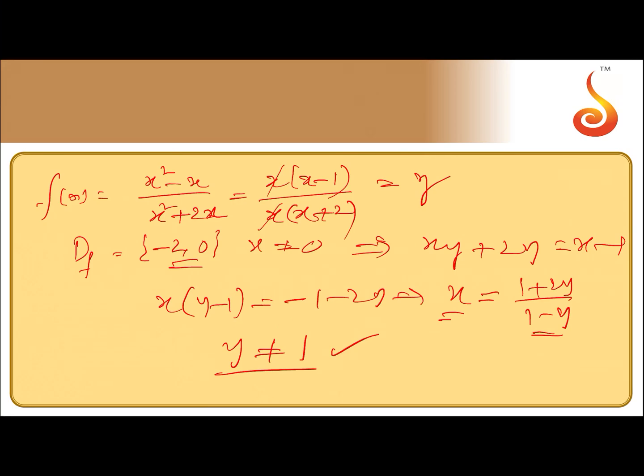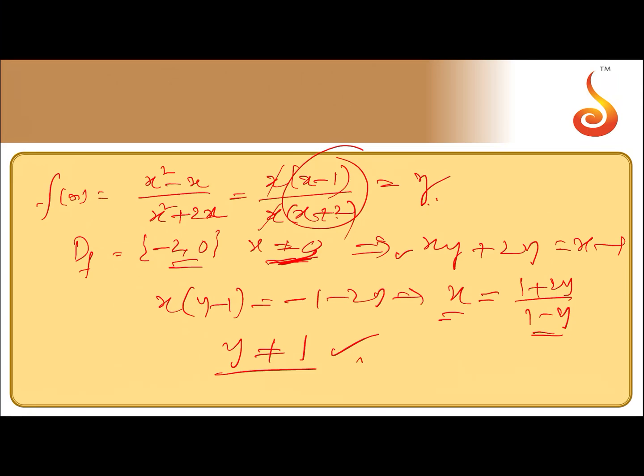But there is one more concept: we are assuming that x is not equal to 0, and we are getting the condition over here. Observe carefully, when x is not equal to 0 and y is equal to this particular expression, what happens when x is equal to 0?